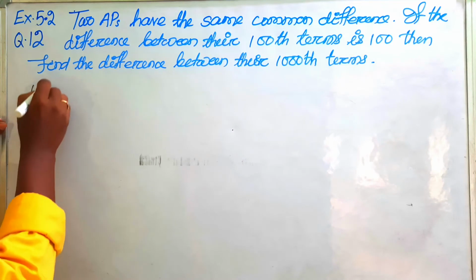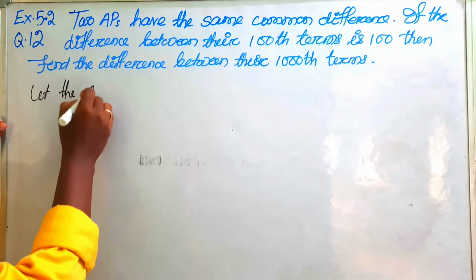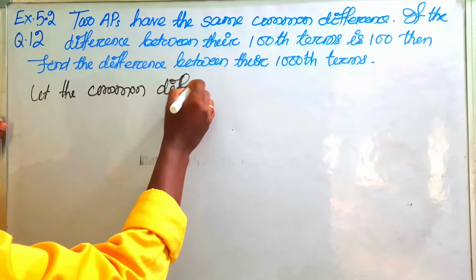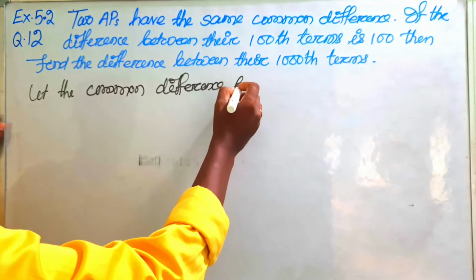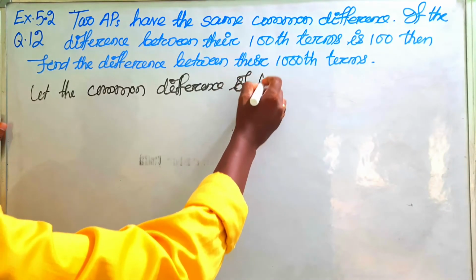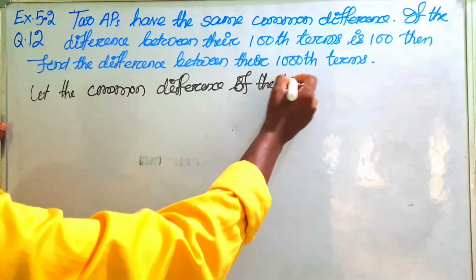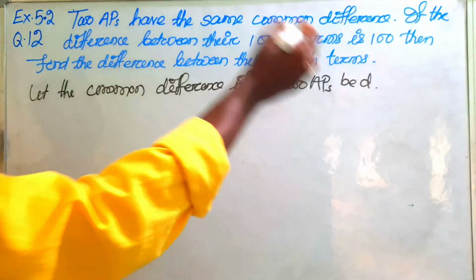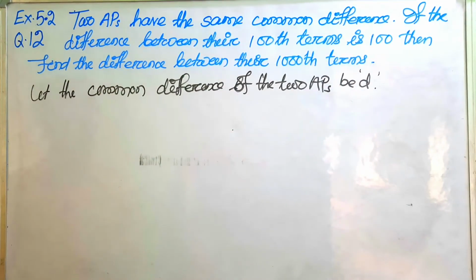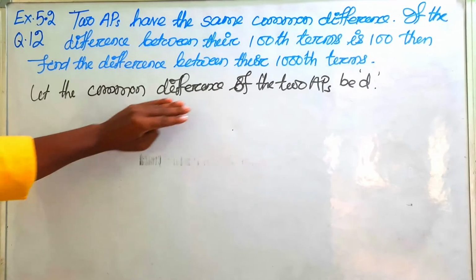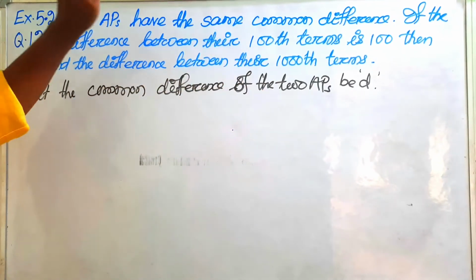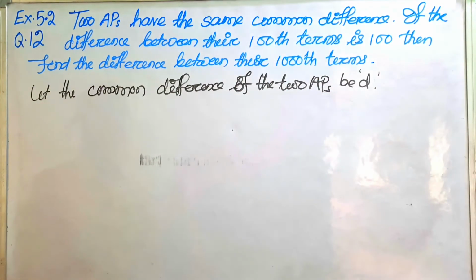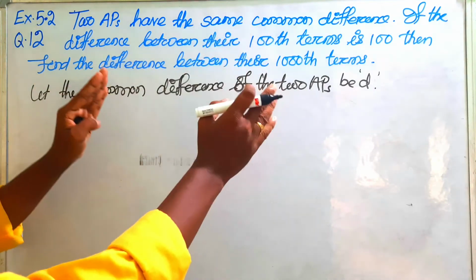So let the common difference of the two APs be D. Since it is the same, you take D for both the APs. The difference between the 100th terms is 100.